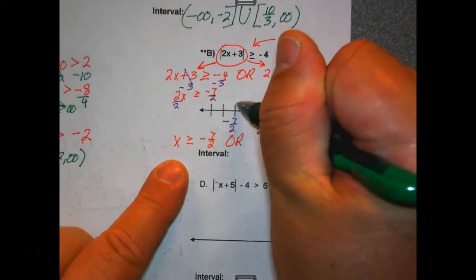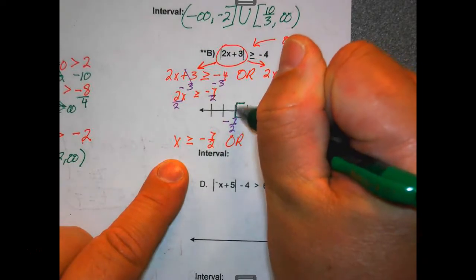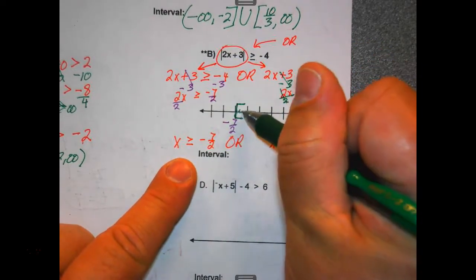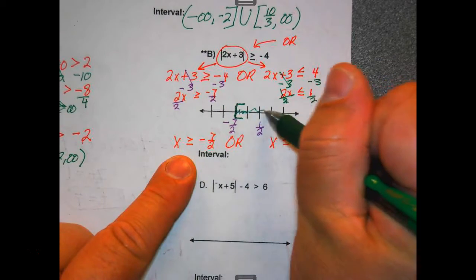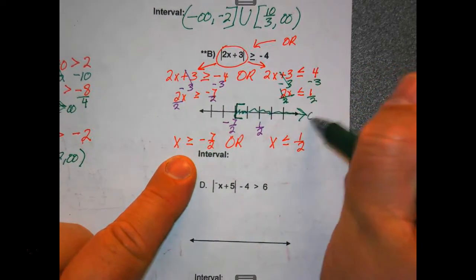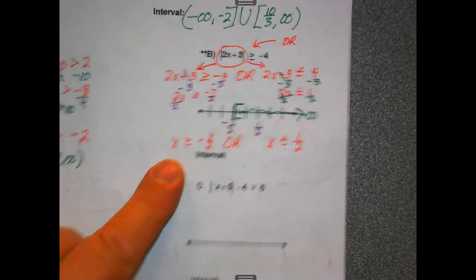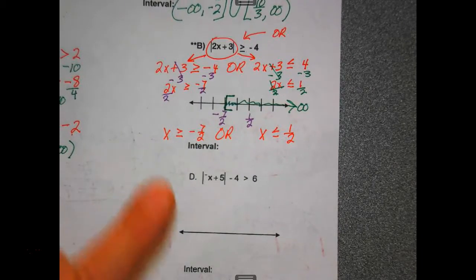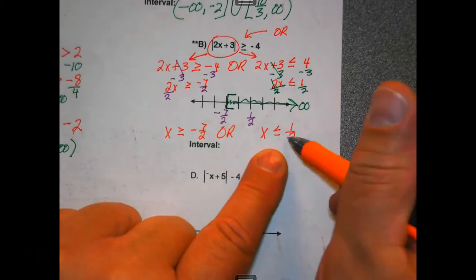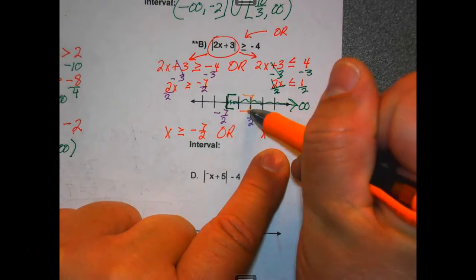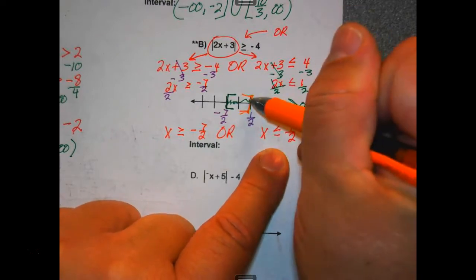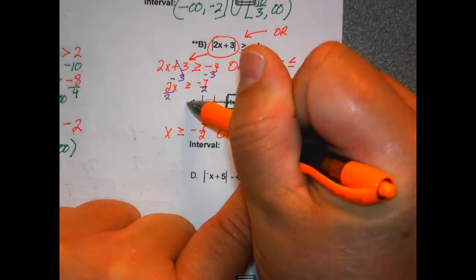Okay, bracket, because it has an equal sign. And I'm going to shade, follow the arrow. Everything greater than goes out to positive infinity. Here's my 1/2. Follow the arrow. It's a bracket. And I shade everything to the left.